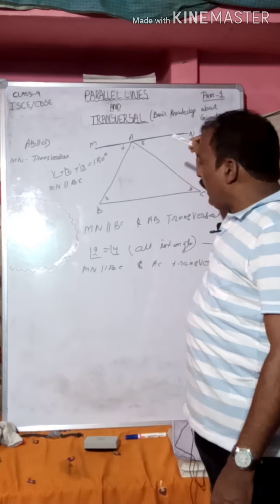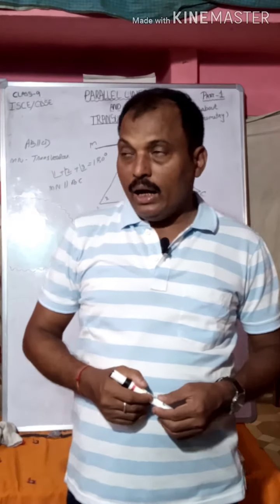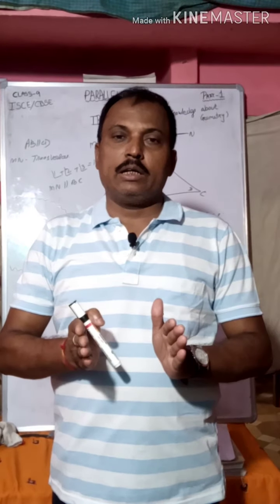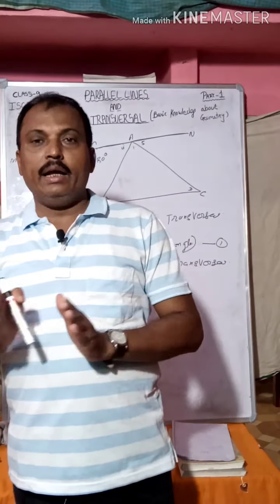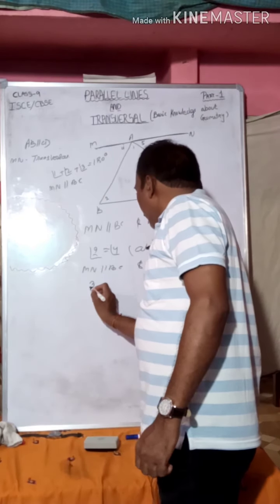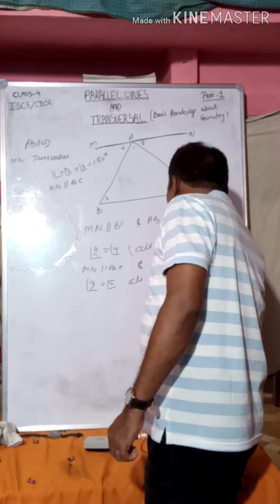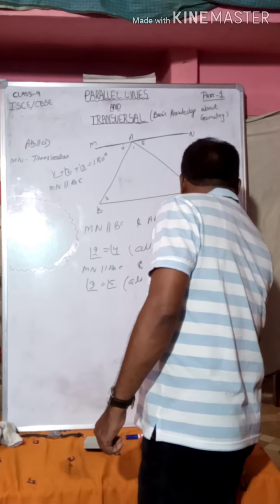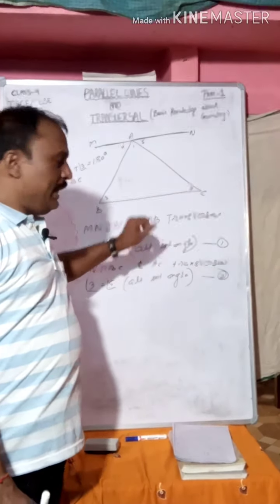But angles 5 and 3 are prominent. Which kind of angles are they? They are interior angles, alternate with respect to the transversal, so they are called alternate interior angles. Alternate interior angles are equal. So angle 3 is equal to angle 5, alternate interior angles. That is equation 2.